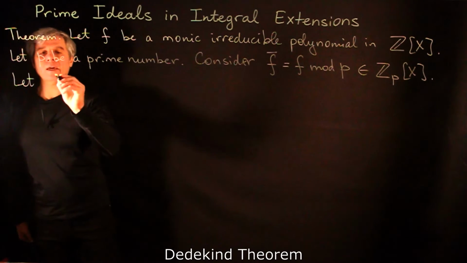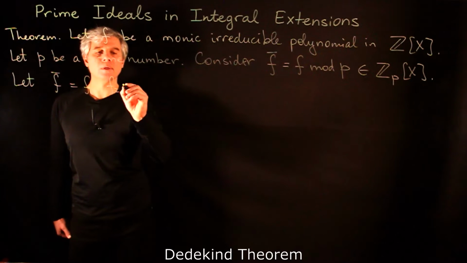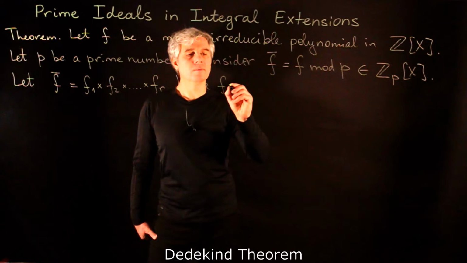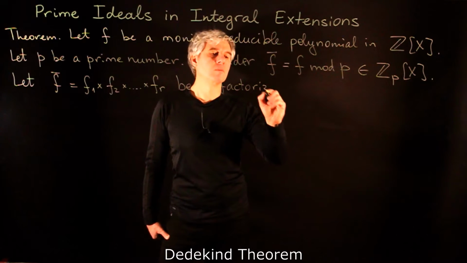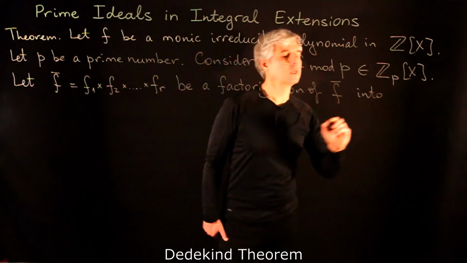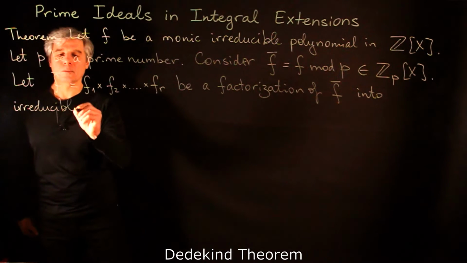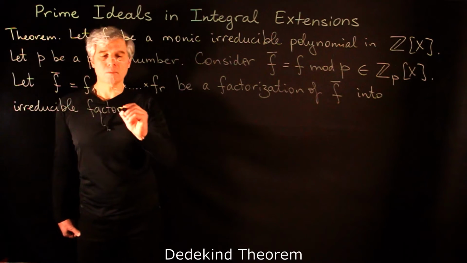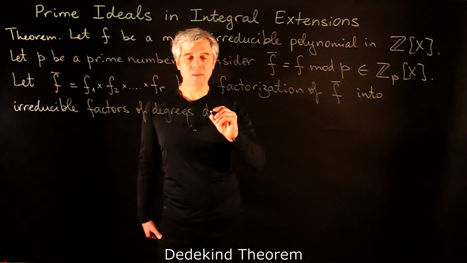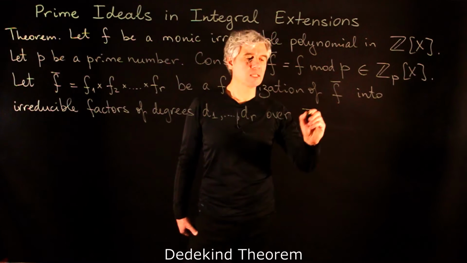Let f bar = f1 times f2 times ... times fr be a factorization of f bar into irreducible factors of degrees d1, ..., dr over Z_p.